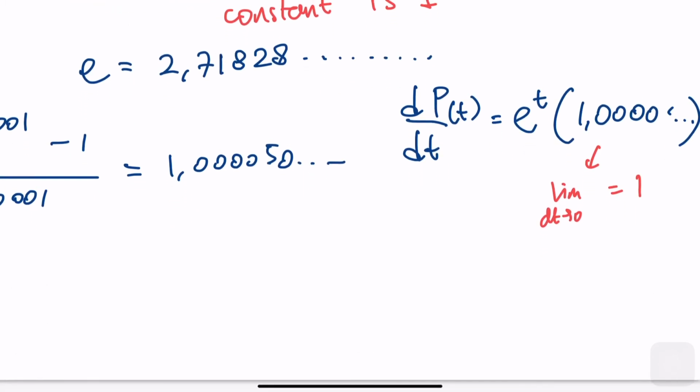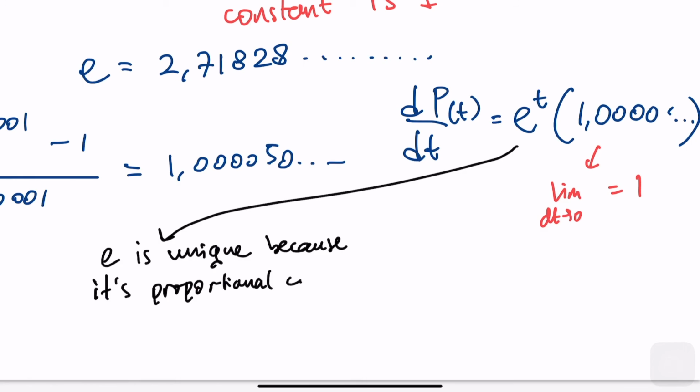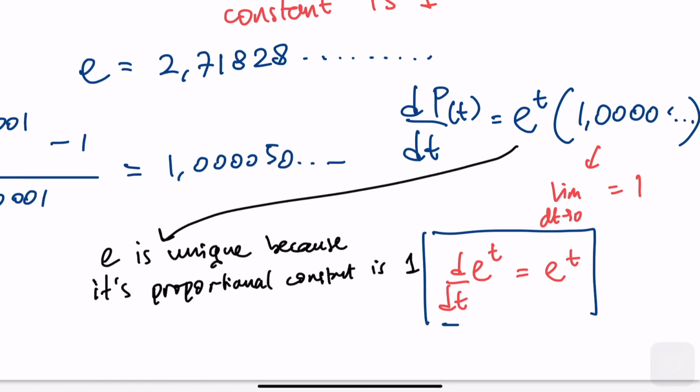So E is unique because it's proportional, and the constant is 1. So this is the uniqueness of E.